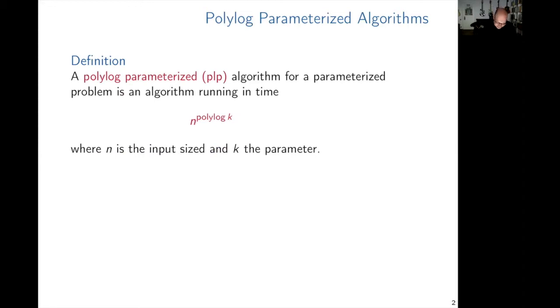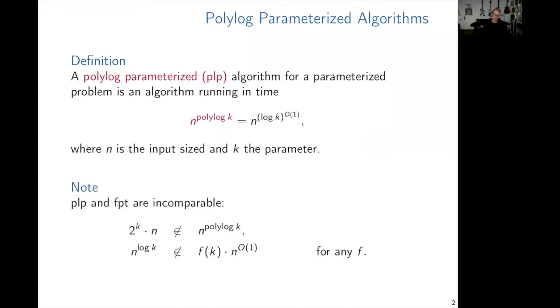Okay, so what I will talk about is what I call polylog parameterized algorithms. And these are algorithms running in time n to the polylog k, where n is the input size and k is the parameter. What this means is n to some polynomial in log k, and I will use this notation throughout.